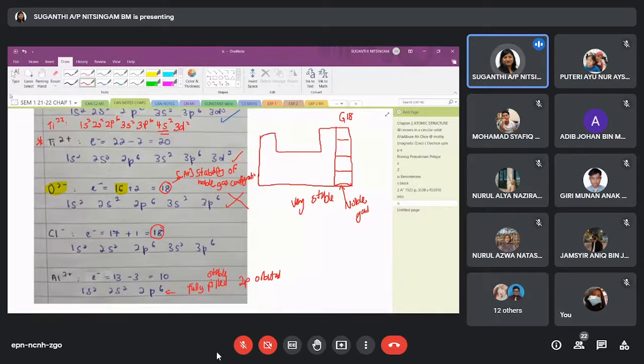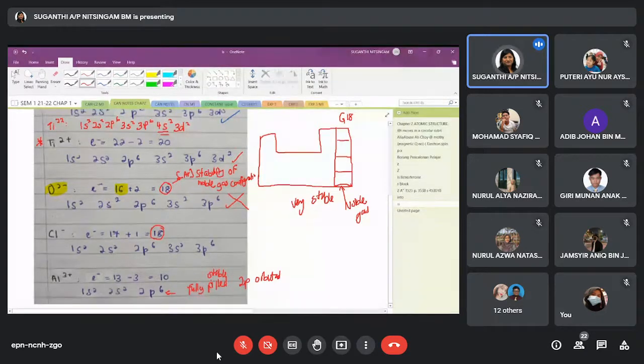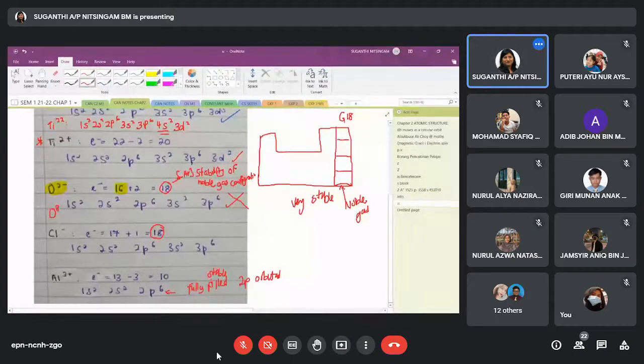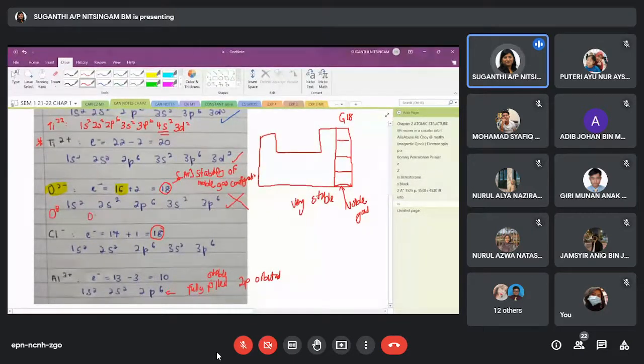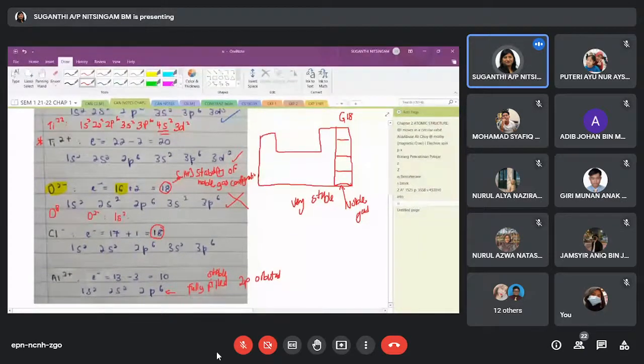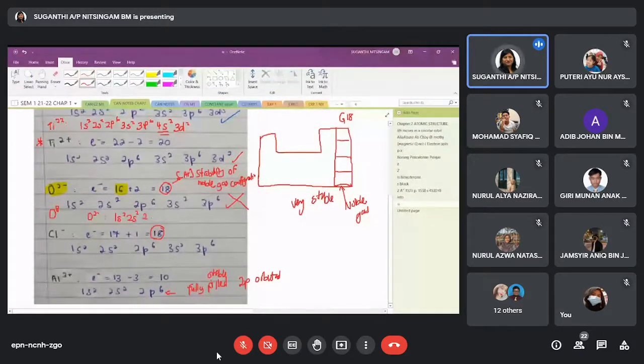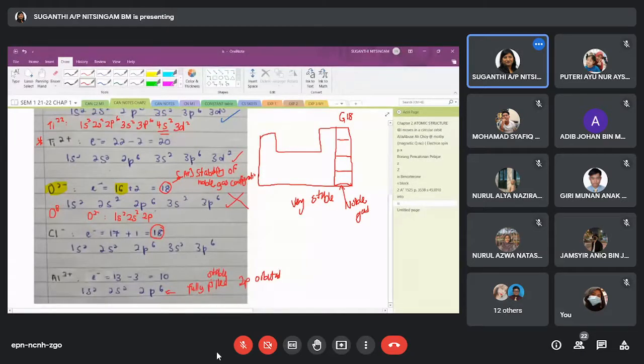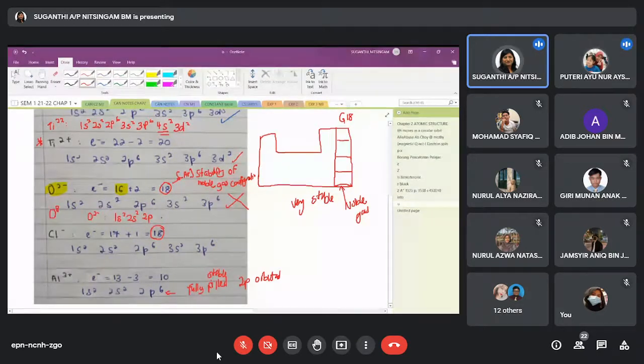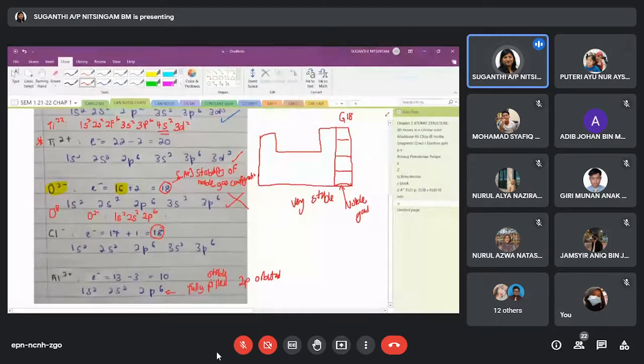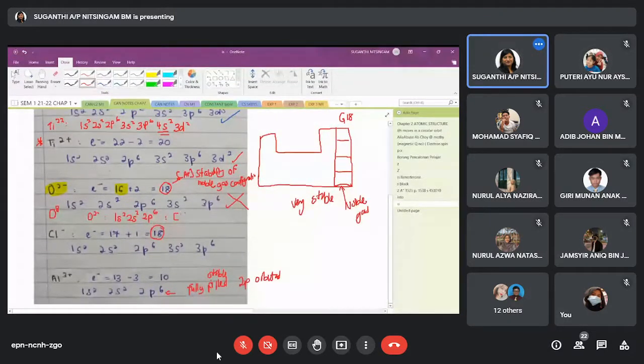Take the proton number. So O is actually how many? 8, right? O is 8. So if it accepts 2, not donates, O2 minus will be 10. So 1s2, 2s2, 2p6. This is actually the same as neon.